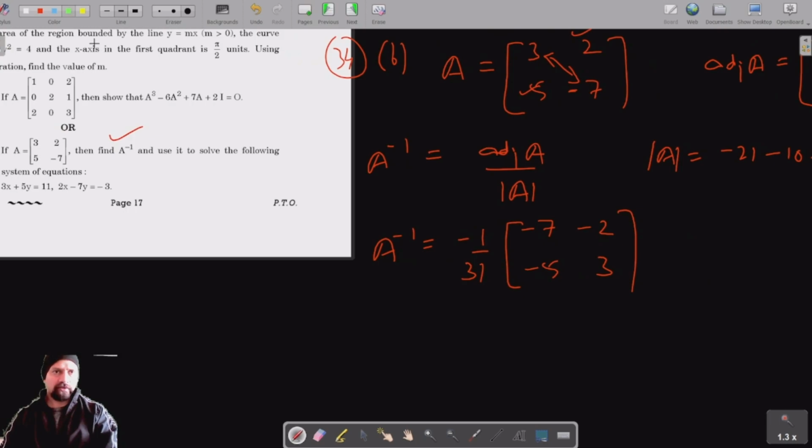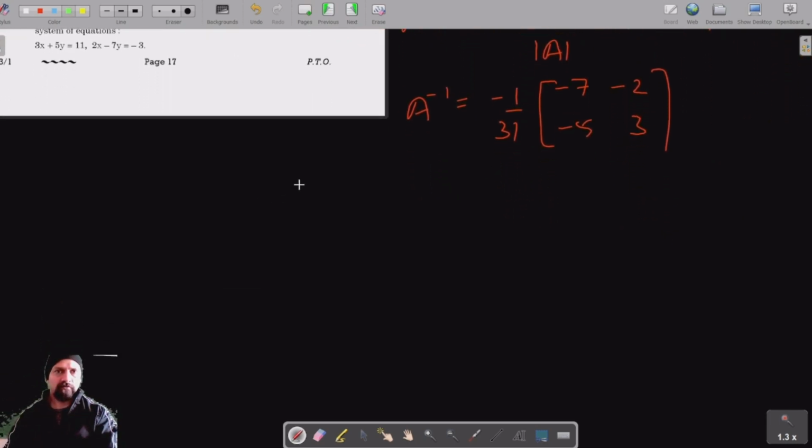Now we have to solve the given set of equations, and the given set of equations are 3x plus 5y is equal to 11, and 2x minus 7y is equal to negative 3.